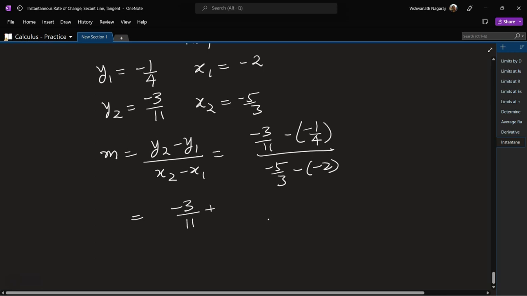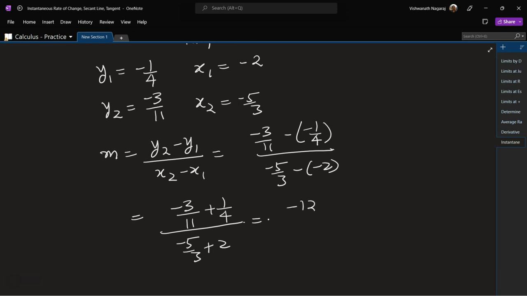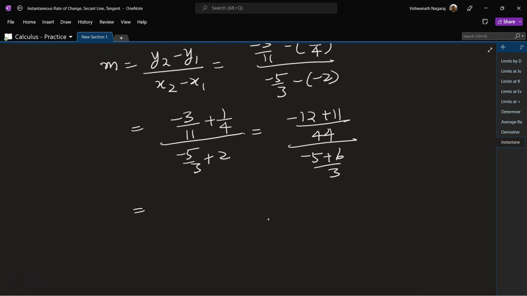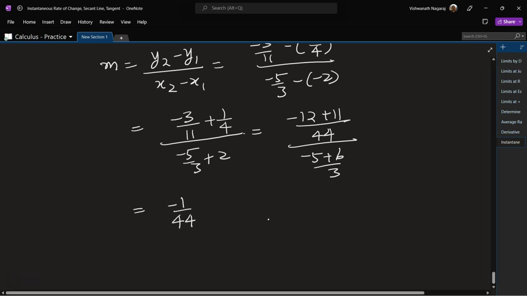Minus 3 by 11 plus 1 by 4 by minus 5 by 3 plus 2, which is equal to (minus 12 plus 11) by 44 divided by (minus 5 plus 6) by 3, which is equal to minus 1 by 44 times 3 by 1. So the slope is minus 3 by 44.